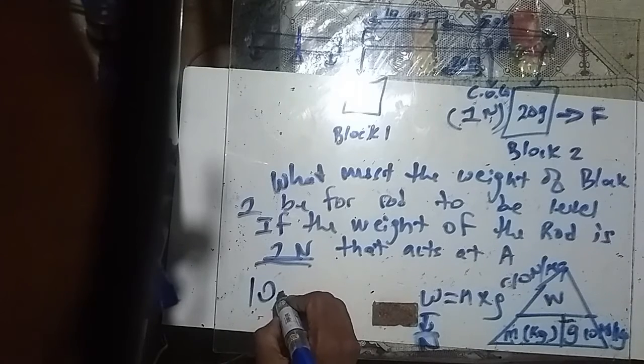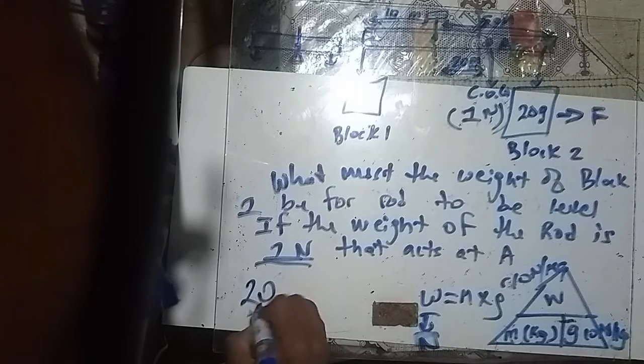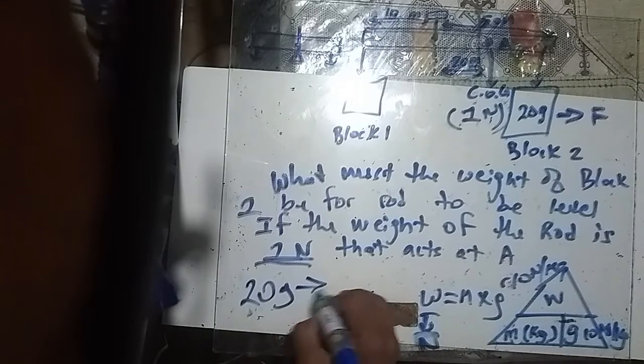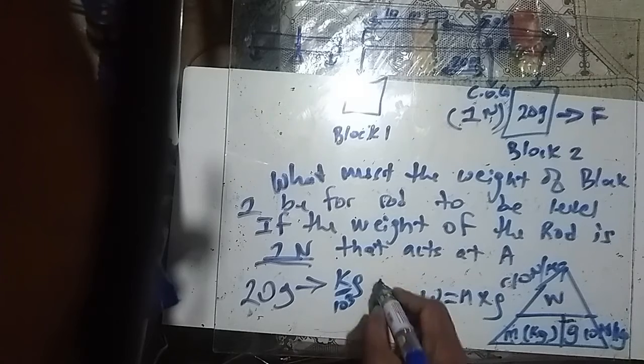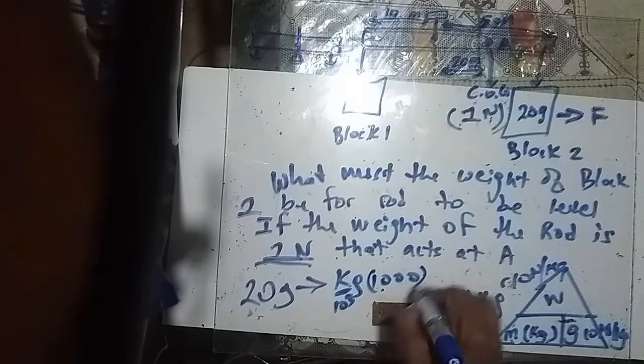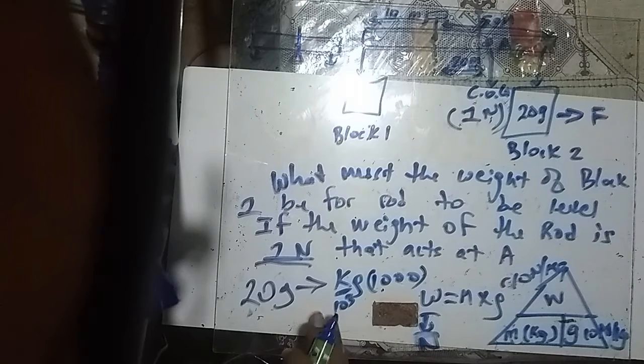So, 20 gram to kg is equal to what? What is the conversion factor of gram and kilogram? We know that kilo means 10 to the 3. And if kilo means 10 to the 3, 10 times 10 times 10 is equal to 1000. Therefore, that is telling us that 1000 gram make 1 kilogram.